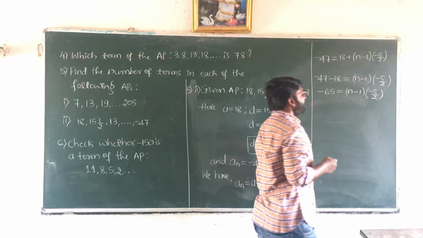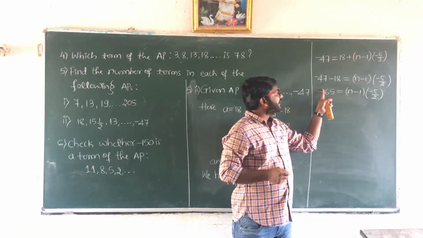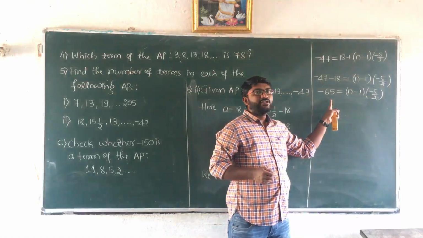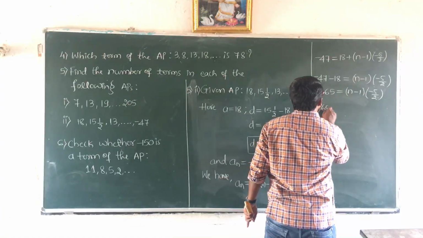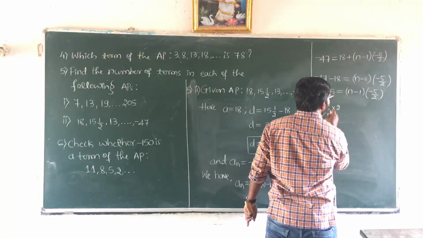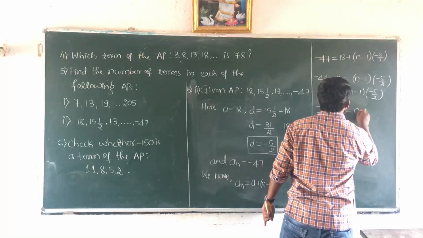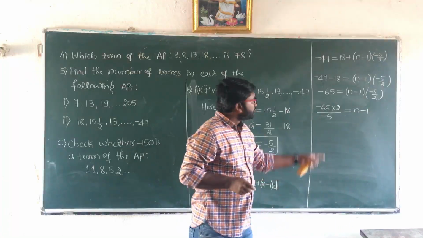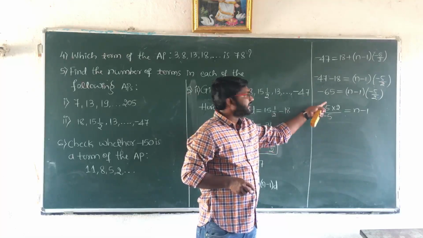Now we have to take minus 5 by 2 to the LHS. 2 goes to the numerator and minus 5 goes to the denominator. So what do we get now? Minus 65 into 2 divided by minus 5, which is equal to n minus 1. Here minus by minus is plus. 5 ones are 5, 5 13s are 65.